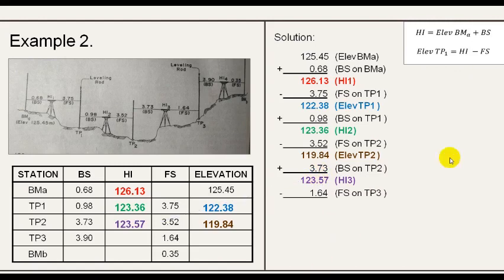Then, the elevation of turning point 3 is 123.57 minus the foresight reading of 1.64 meters. So we get the elevation of turning point 3, which is equal to 121.93.